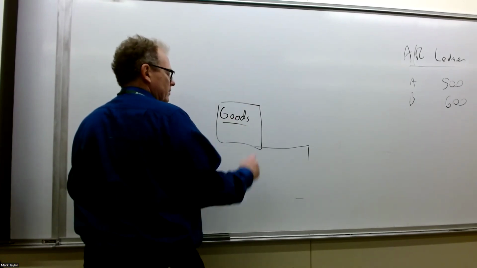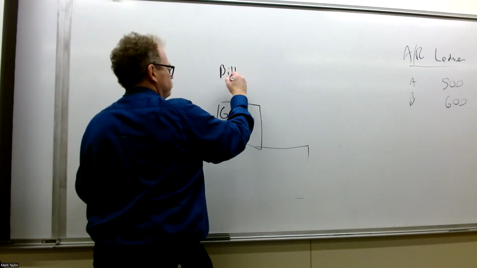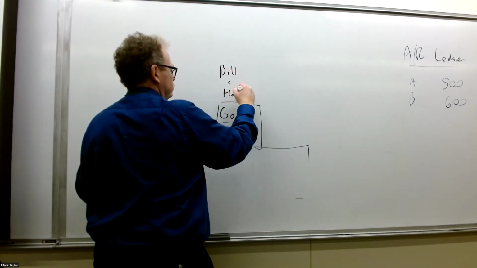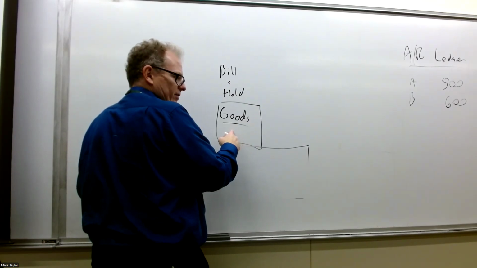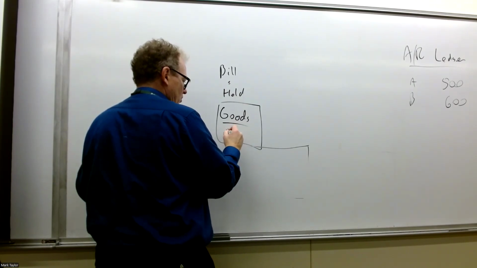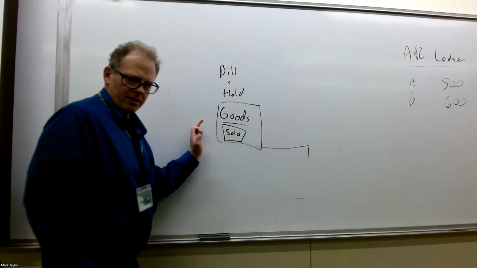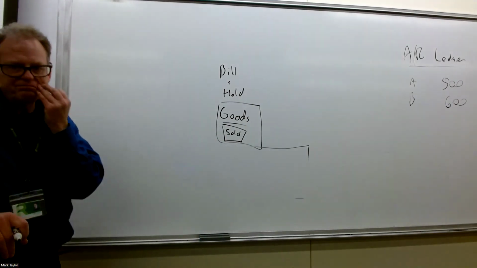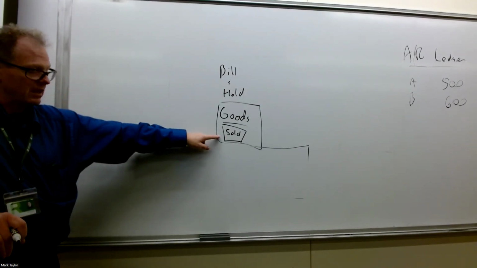Okay, so a bill and hold is where they say, don't ship it to us, we don't have space for it or whatever. You're just going to sit there and put a tag on this that says sold. And it'll be sitting on the shipping dock separated from everything else. Generally speaking, this is not allowed. If you still have it, it's not allowed.